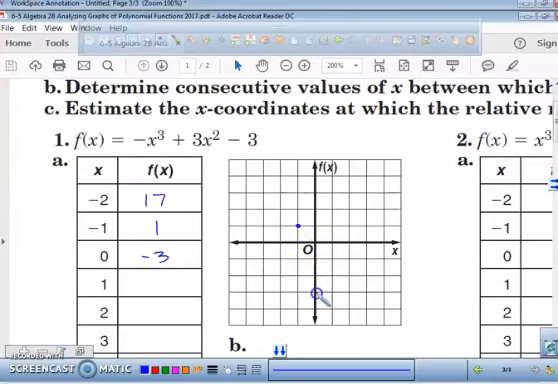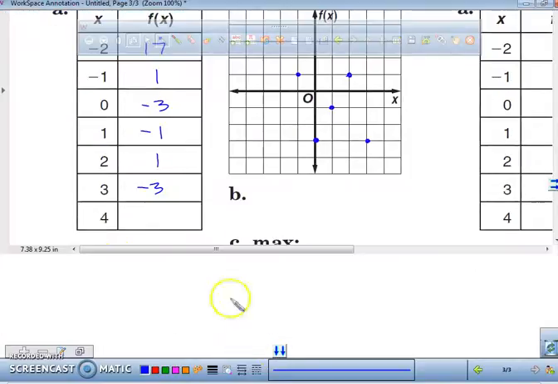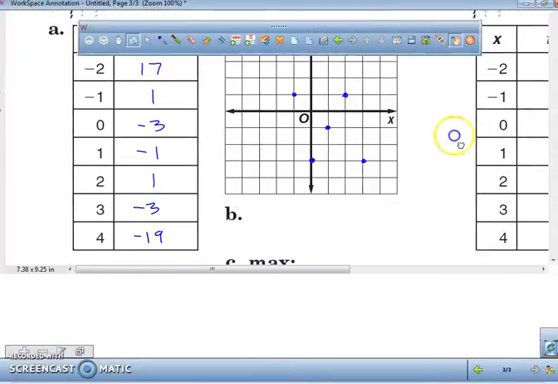So put 0, negative 3 right there. 1 was at a negative 1. 2 was at a positive 1. 3 was at a negative 3. And that's kind of the last one you could actually plot, because once you hit 4, that's way down at a negative 19. All right?